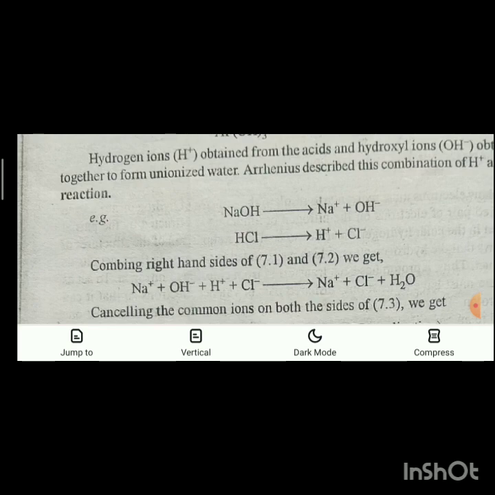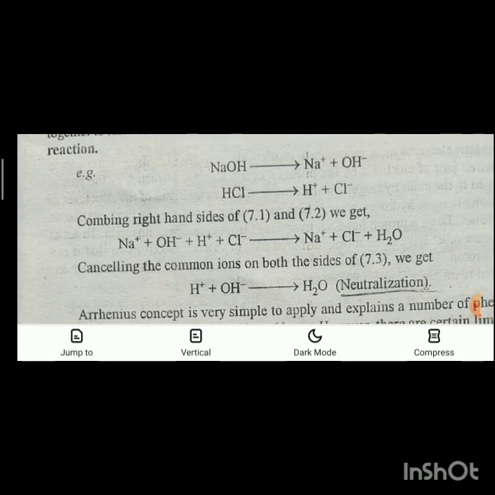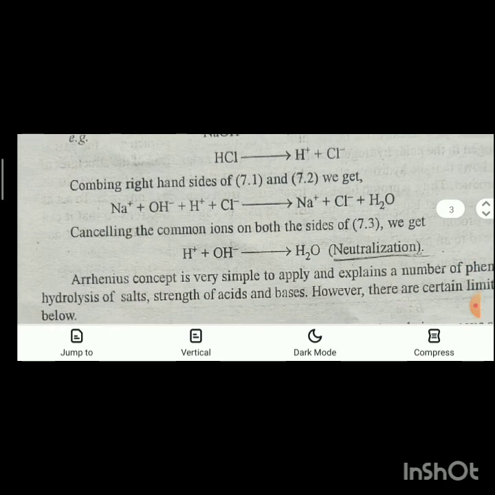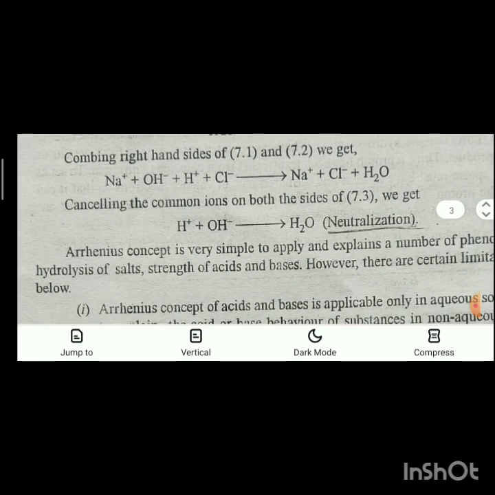On combining these, we get Na+ plus OH- plus H+ plus Cl- to form Na+ plus Cl- plus H2O. Cancelling the common ions on both sides, we obtain H+ plus OH- to form H2O.